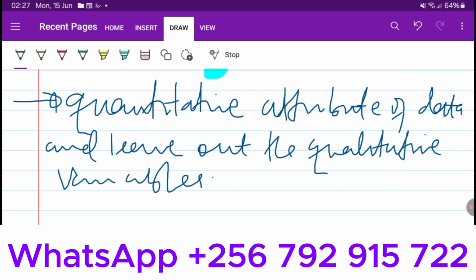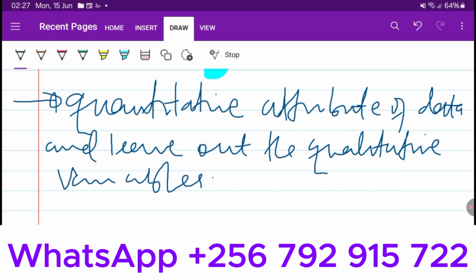So some of them use mathematical formulas that are not going to be applicable to qualitative variables. This means that some statistical methods are not exhaustive, because they don't include qualitative aspects.